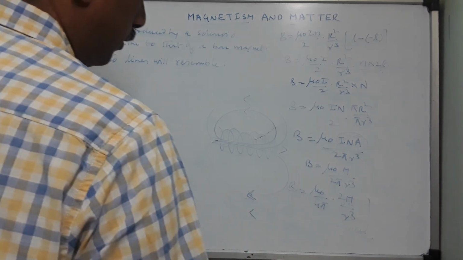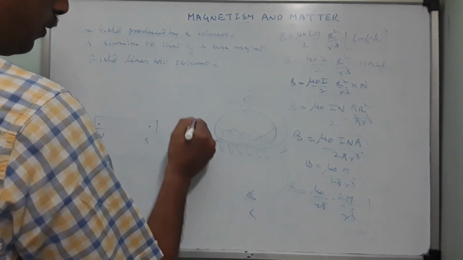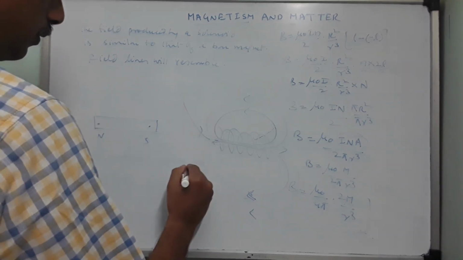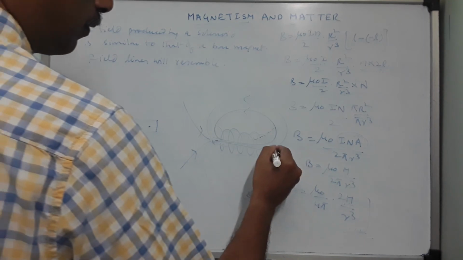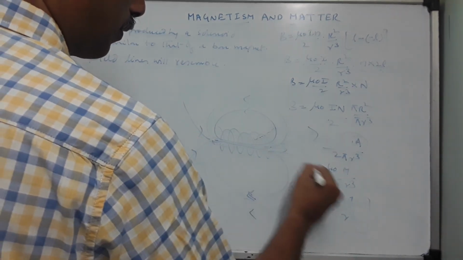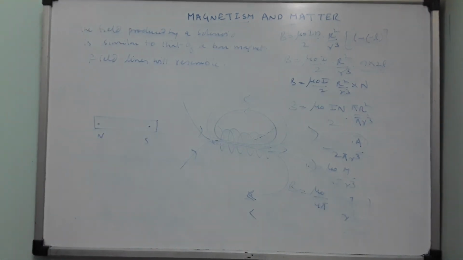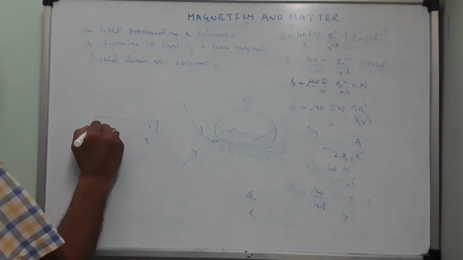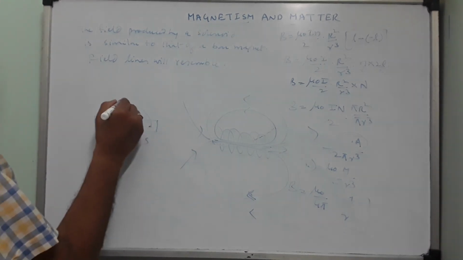Like this. So here field lines. For bar magnets, similarly you have drawn in class 10th, right? They originate from the north pole and they terminate at what?